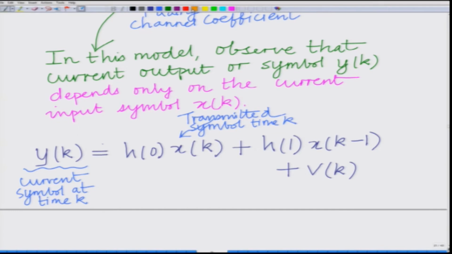That aspect is fine. However, we also have something very interesting. We have also xk minus 1, that is the transmitted symbol or the input symbol at time k minus 1.